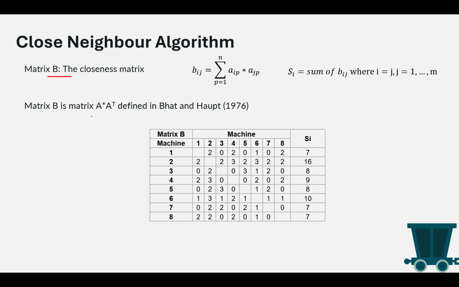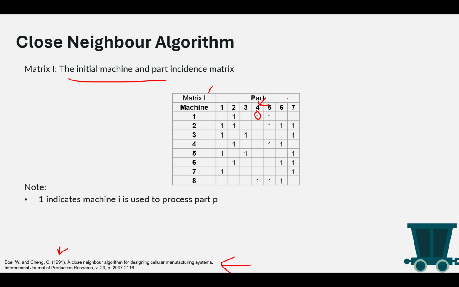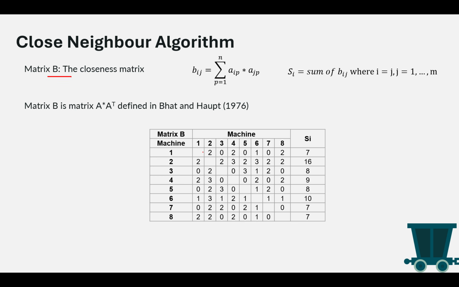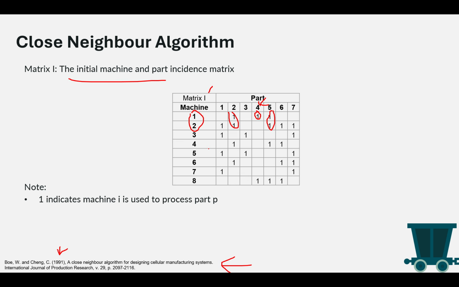Basically this is the mathematical equation, but for simplicity, in matrix B, if there is the same part for machine 1 and machine 2, we can calculate 1, so this 1 2 is from there.